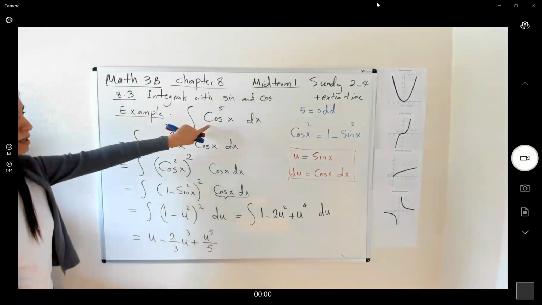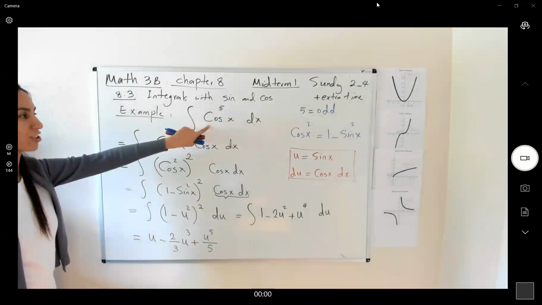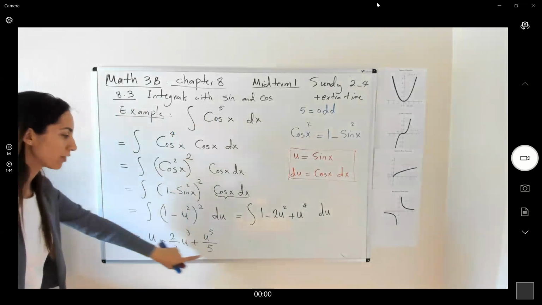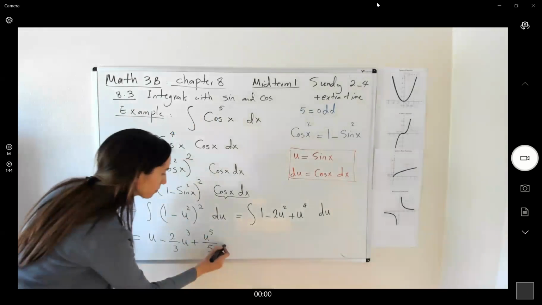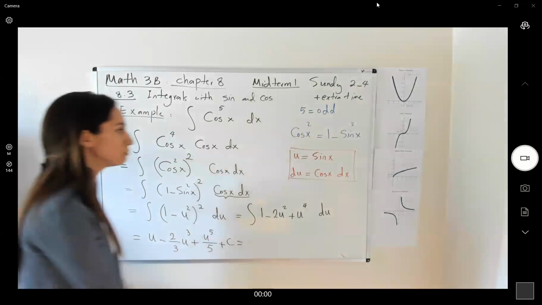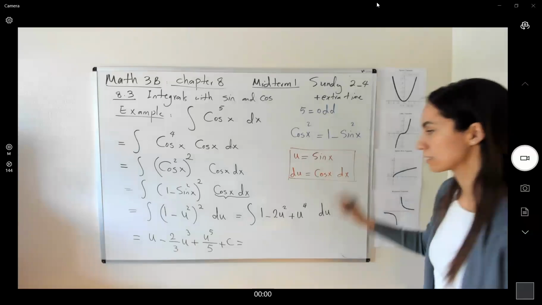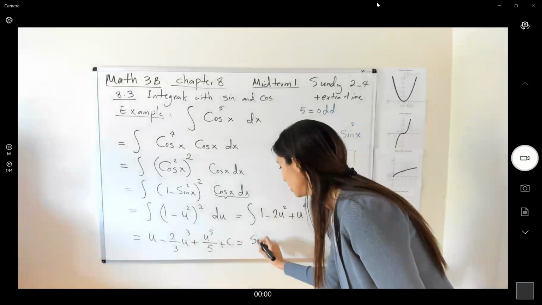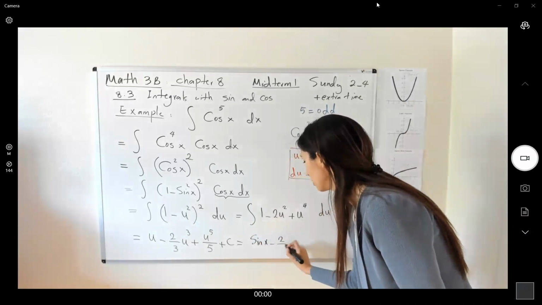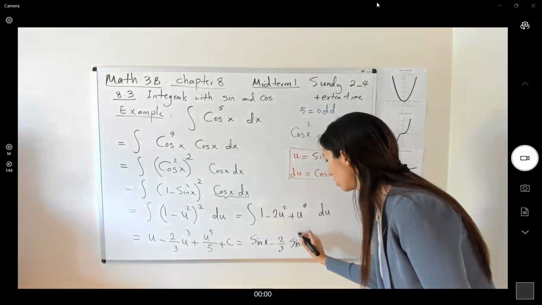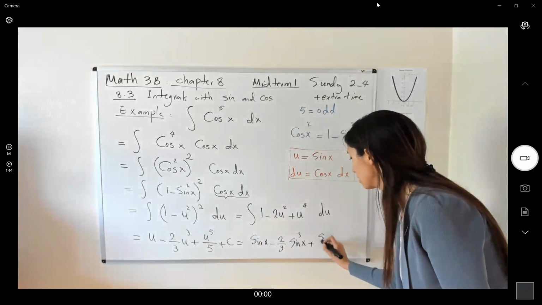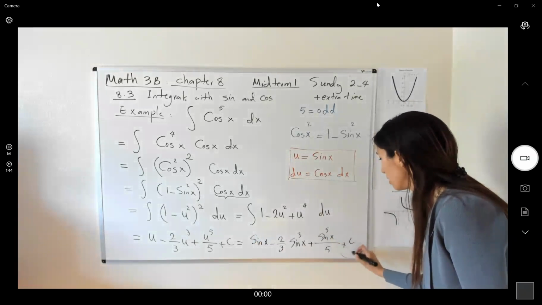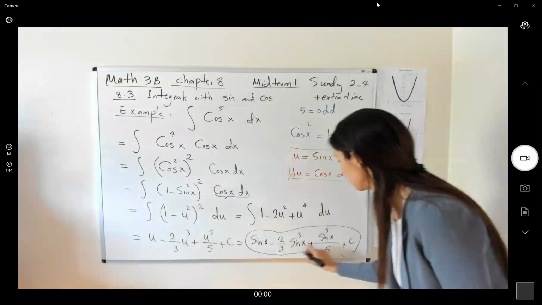Very good. And the original integral is in variable x, so we have to rewrite this expression in terms of x. So what is u? u is nothing but sine of x. So wherever you see u, you just write sine of x. You get sine of x minus 2/3 sine to the third of x plus sine to the fifth of x divided by 5 plus constant of integration.